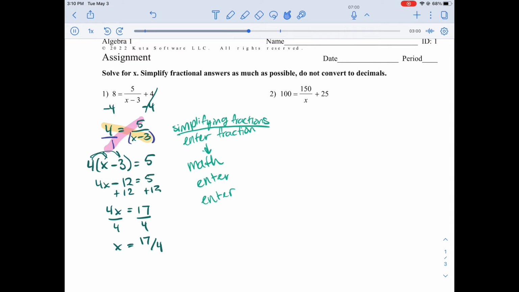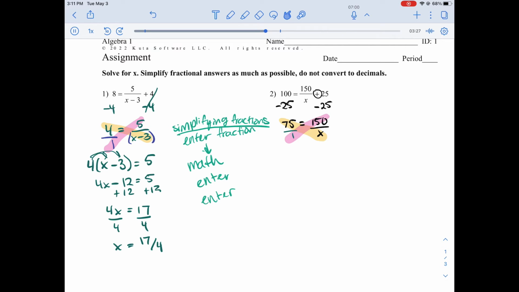Now we have, again, a fraction that's not by itself, so I need to get it by itself. I will get rid of this 25 by subtracting 25. That's the opposite of addition. 100 minus 25 is 75. That's equal to 150 over x. And I want to cross multiply, so I'll think about that 75 as a 75 over 1.